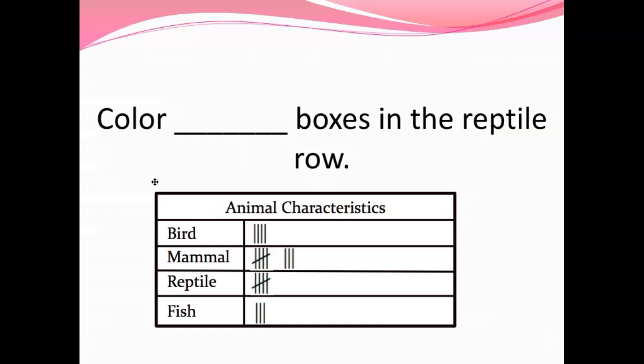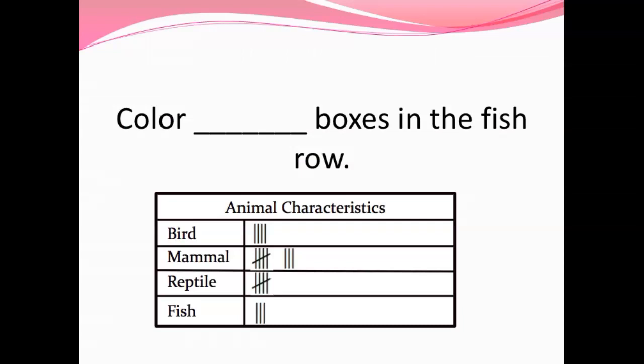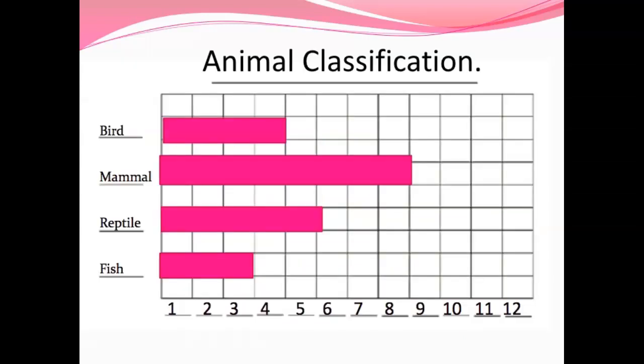Color in blank boxes in the reptile row. Let's look at our chart. We have 5. So I colored in 5 boxes in the reptile row. Pause, do that now. Lastly, color blank boxes in the fish row. Shout it out if you know it. We are coloring in 3 boxes in the fish row.